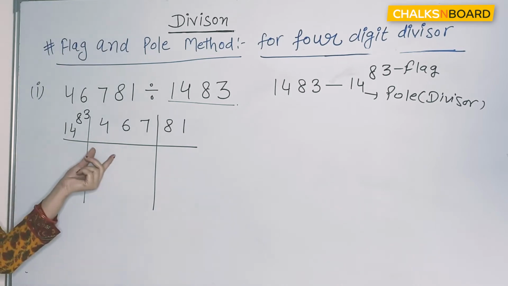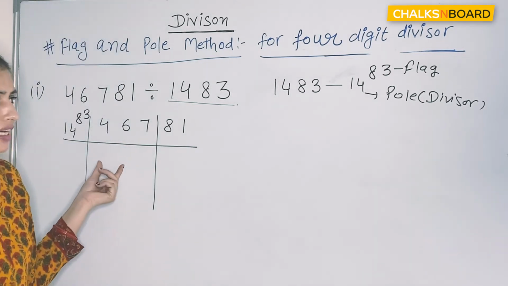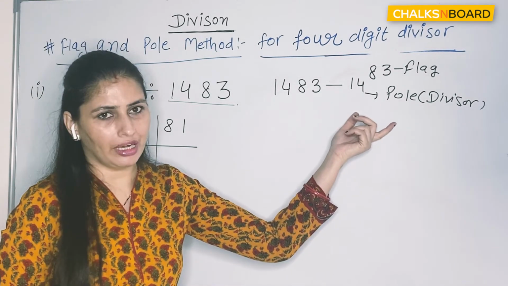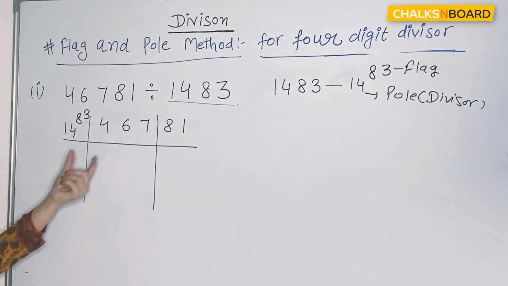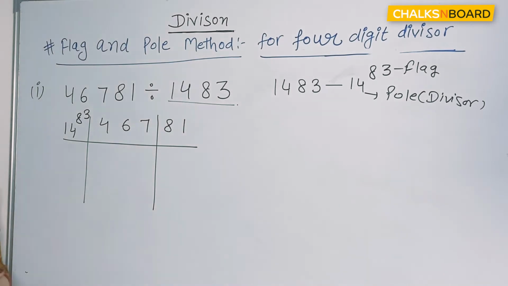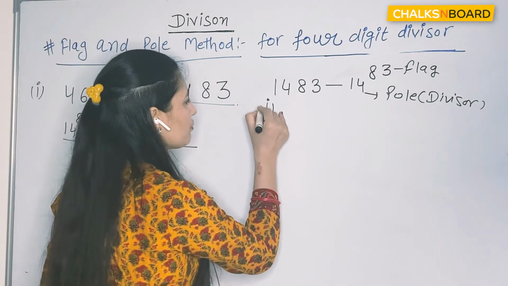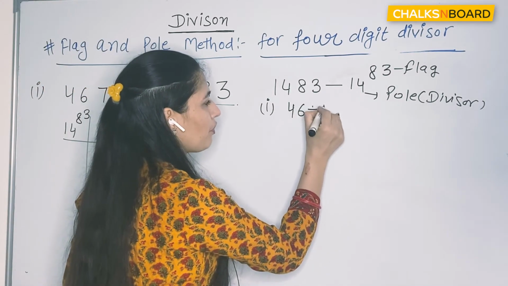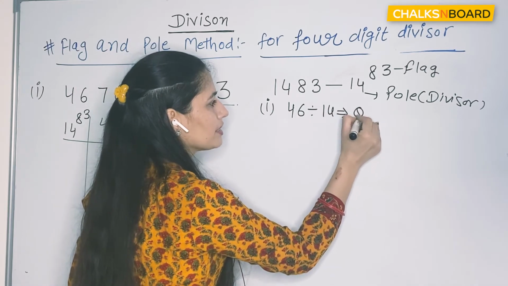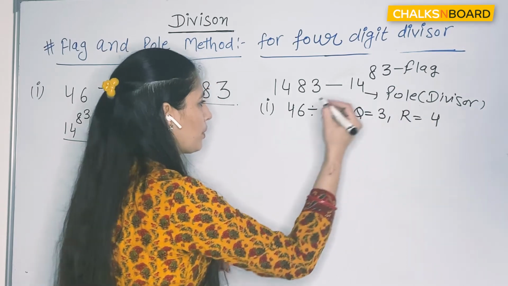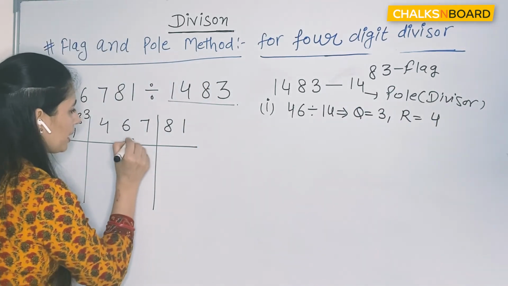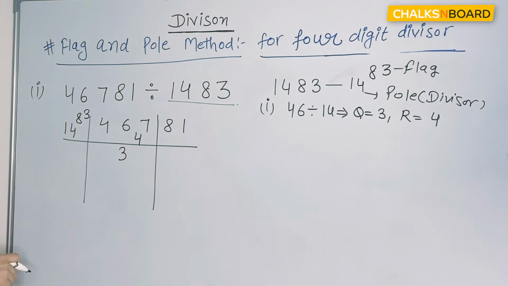First we have to take first digit and we have to divide this number by 14, but we cannot divide 4 by 14, so we have to take first 2 digit, that is 46, and when we divide this 46 by 14, our quotient is 3 and our remainder is 4. That means 3 is our quotient and 4 is our remainder.